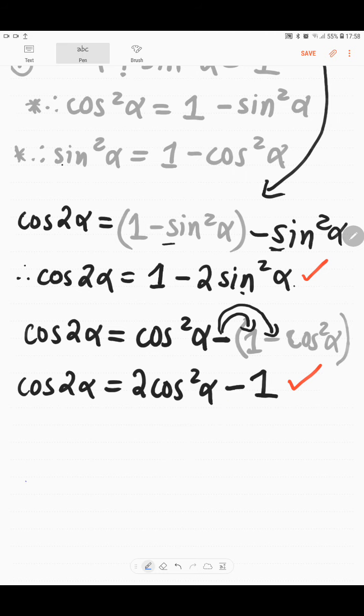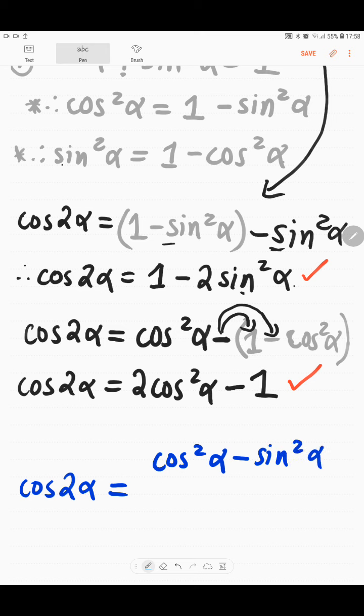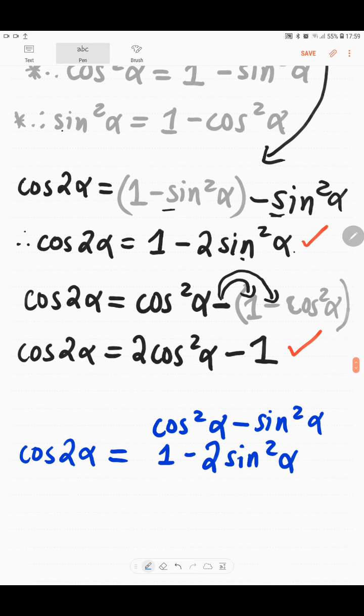We say cos 2 alpha is equal to cos squared alpha minus sin squared alpha, and the second one is 1 minus 2 sin squared alpha, and the last one would be 2 cos squared alpha minus 1.